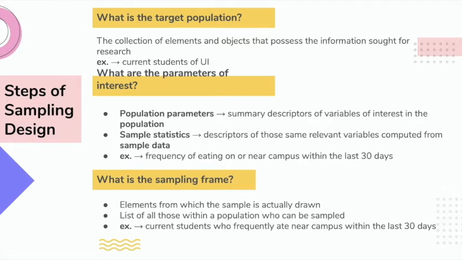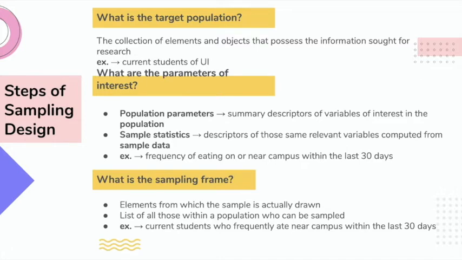There are five steps of sampling design. The first one is, what is the target population? The target population is the collection of elements and objects that possesses the information sought for research. So here the researchers have to define their target population first, for example, the current students of UI.